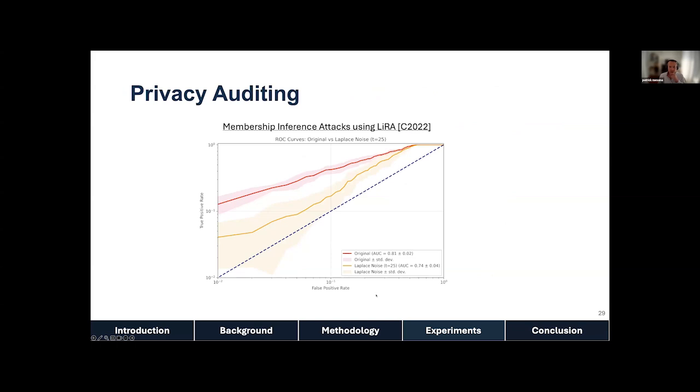As a final experiment, which is more related to the rest of my research, we wanted to evaluate, if this game happens inside an organization and we build a model on top of the noisy version of the dataset, are we more privacy preserving? So if we publish the model through an API or some sort, is it possible to re-identify individuals or to prove that an individual was part or not of the dataset?